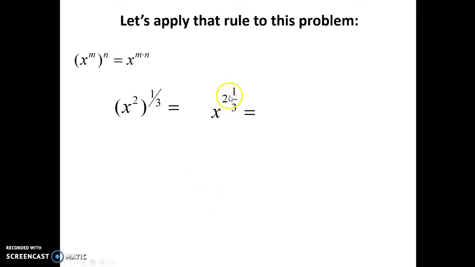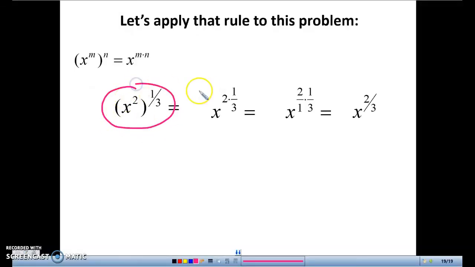How do you get a power of 2 and multiply by 1/3? Yeah, you can put your 2 over 1, multiply your numerators together, multiply your denominators together, and this right here simplifies to this right here with a rational exponent. See what I'm doing here?